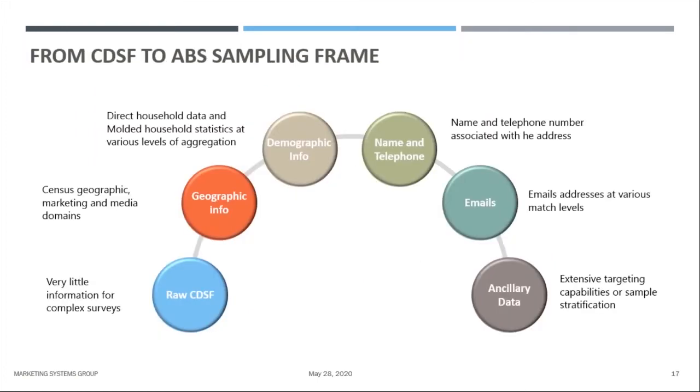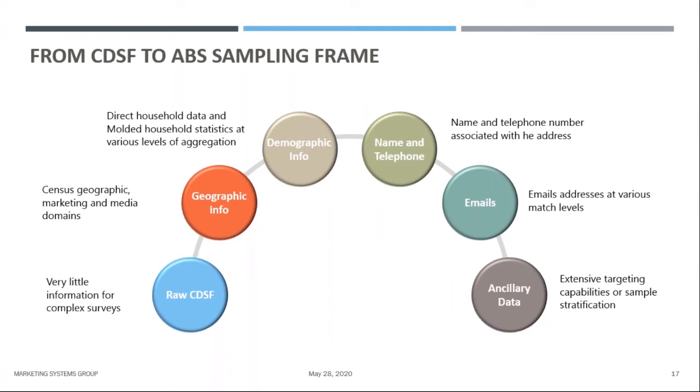So in a quick recap, again, we start with the raw computerized delivery sequence file, which contains very little information, and whatever is available is only usable for mail delivery. We append various census geographic information and various demographic information, both from the census and commercial sources.